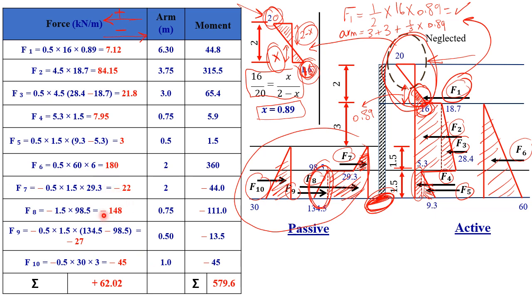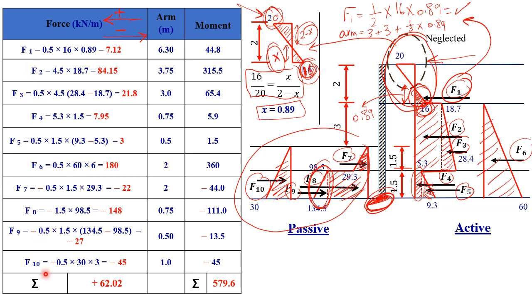So yes, you can just calculate the area of the triangle or rectangle. Yes, these are areas, but the area will take a negative sign to represent the direction of the force. So if you have a positive sign before the force, this means that the force is moving to the left. And if you have a negative sign, this means that the force is to the right.